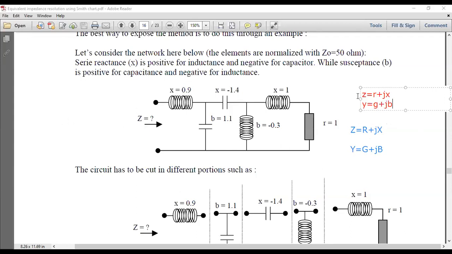The small and capital you will need to understand in the case of impedance matching, which we will do next week. So the difference is there. Now here we are doing the calculation in terms of the small values. So this is the formula.